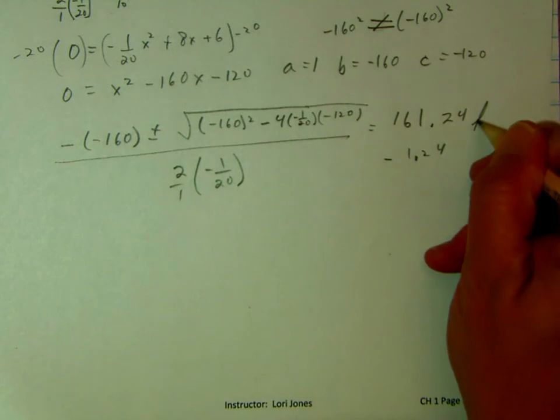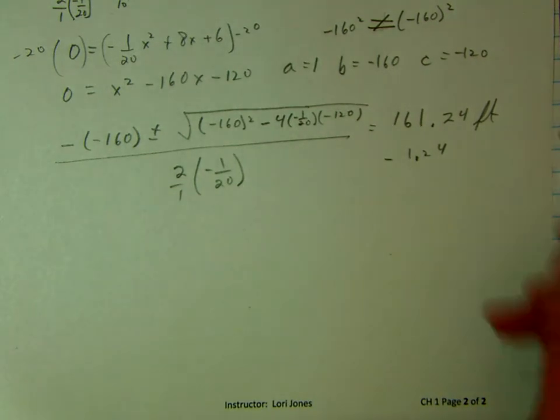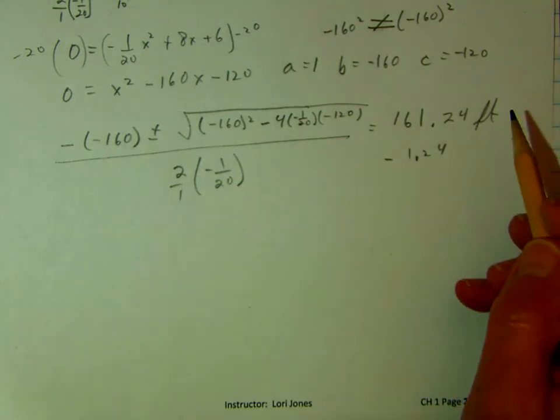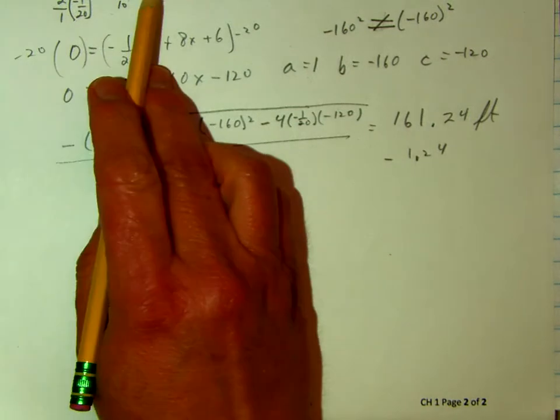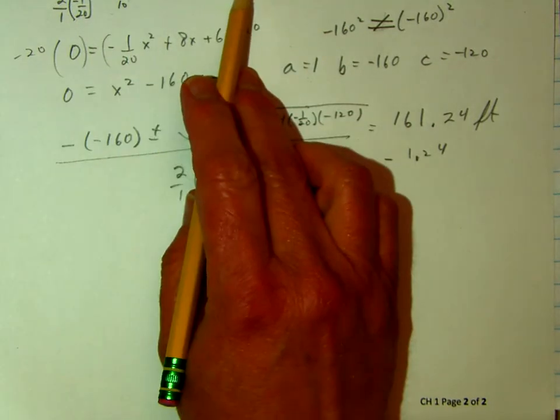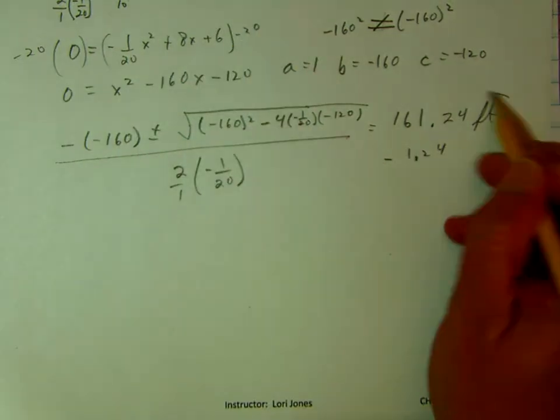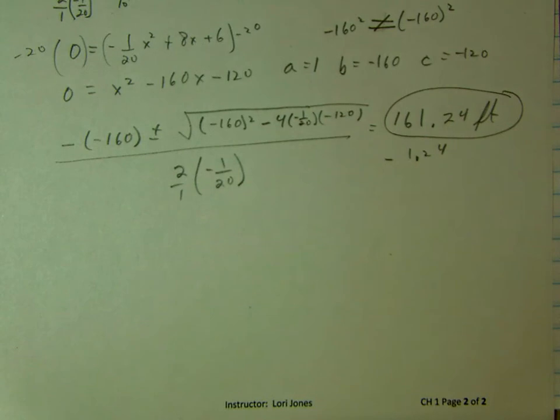And that is the maximum. That is how far the thrower is when the javelin strikes the ground. You can also use your calculator to double check your answer there. You'll have to play around with the window a little bit to get it to show, but I encourage you to try that.